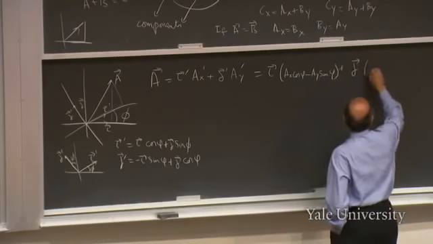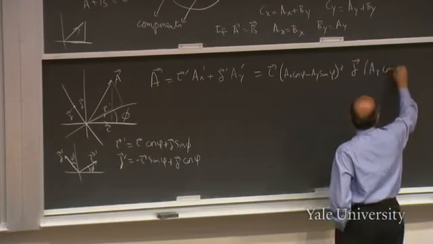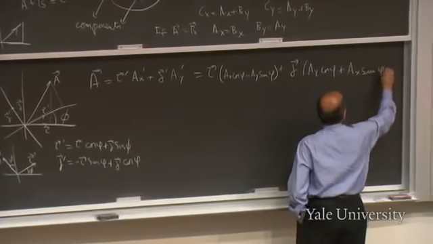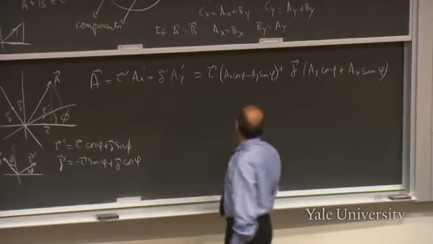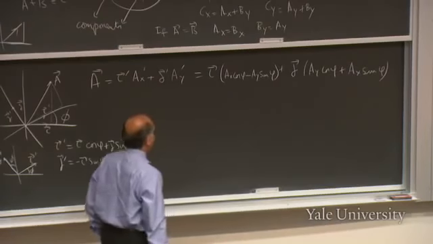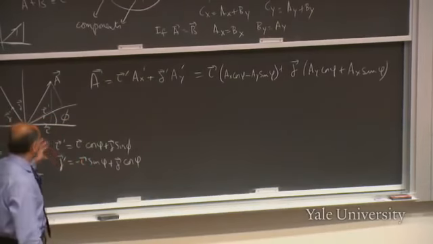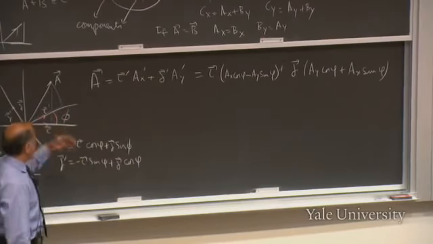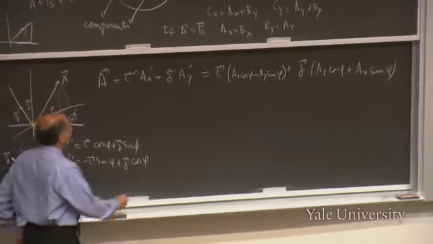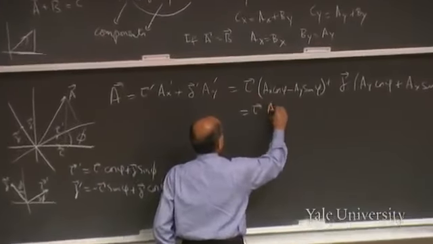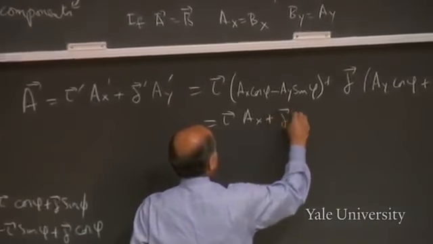Then here you will get ay prime cosine phi plus ax prime sine phi. This is the only part I don't want to do explicitly. I'm just saying take this and put it there and combine i and j. But this is the same vector we are calling i times ax plus j times ay.